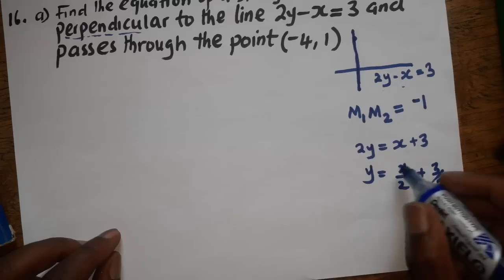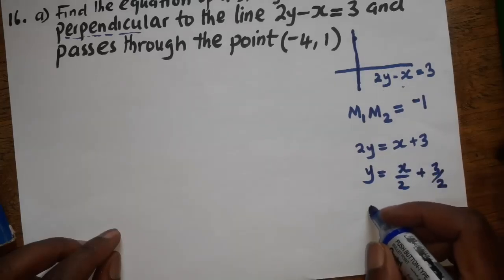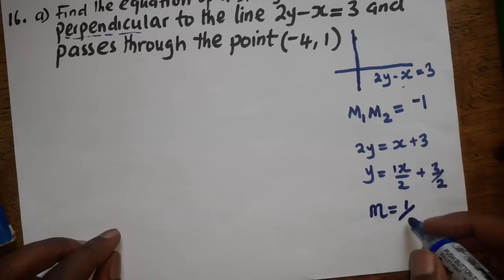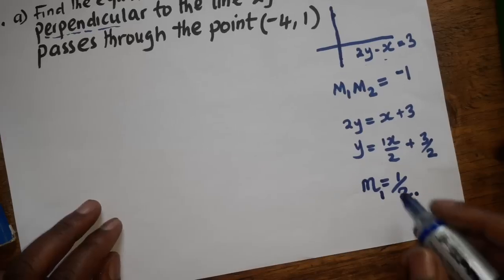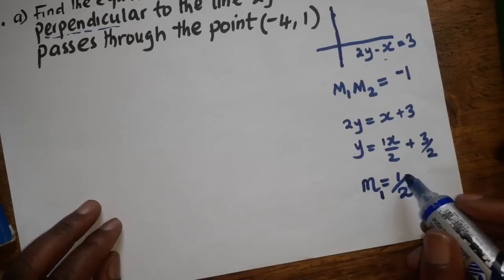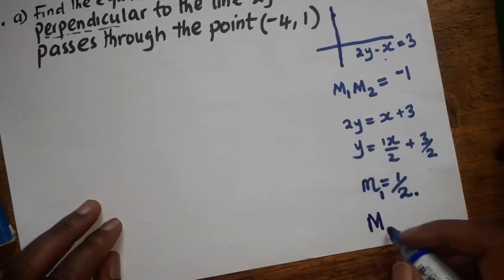At this point we get the coefficient of x as our gradient, and the coefficient of x is 1 over 2. So this is our m1.